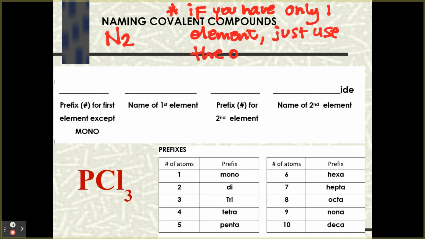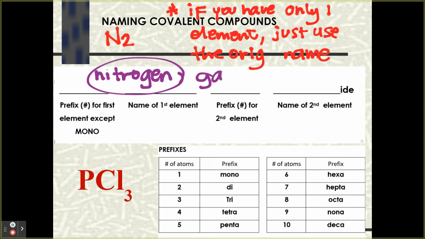All right. So we just use the original name. So instead of writing down dinitride or dinitrogen, the name of this thing is simply nitrogen. Okay, nitrogen. And most of the time they add the word gas after it.